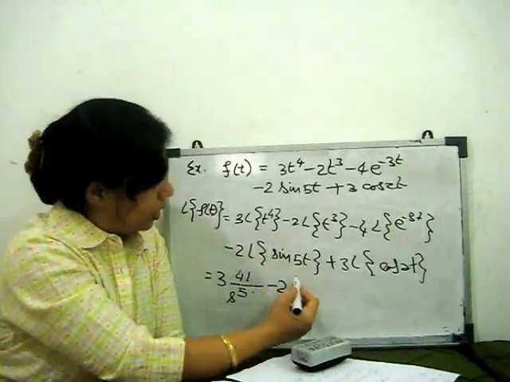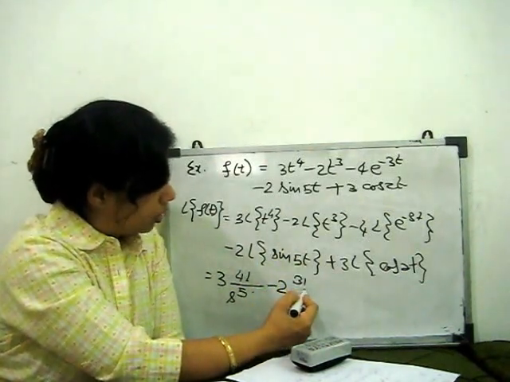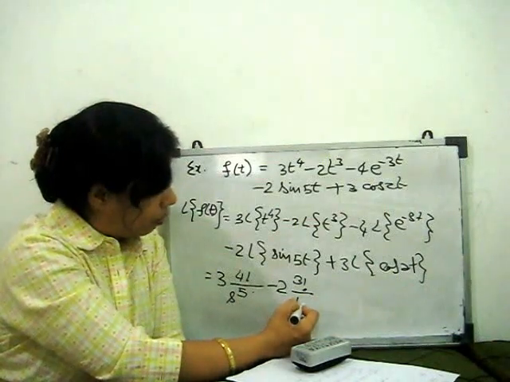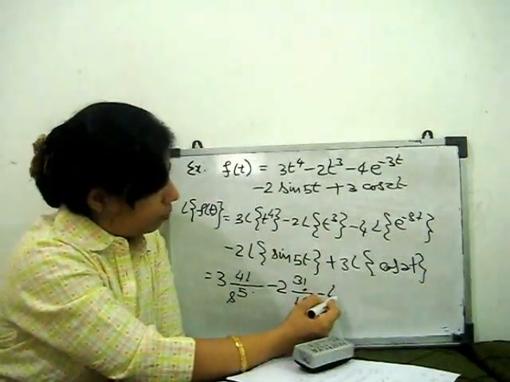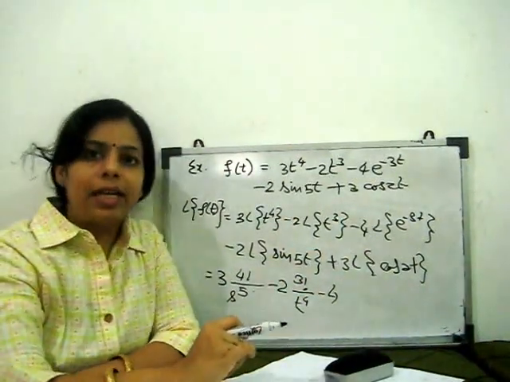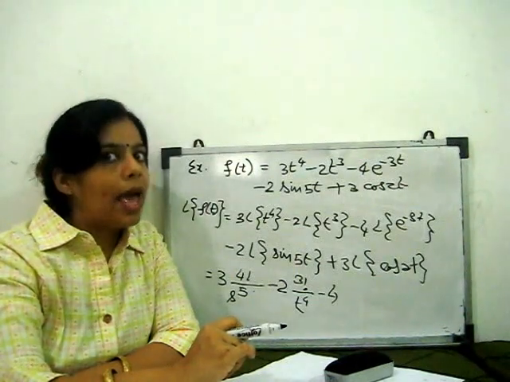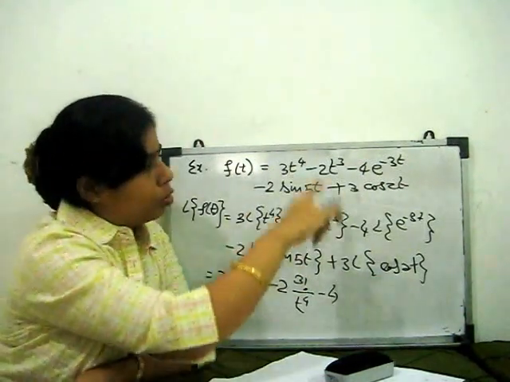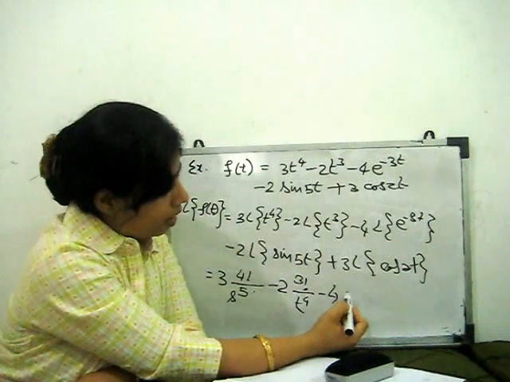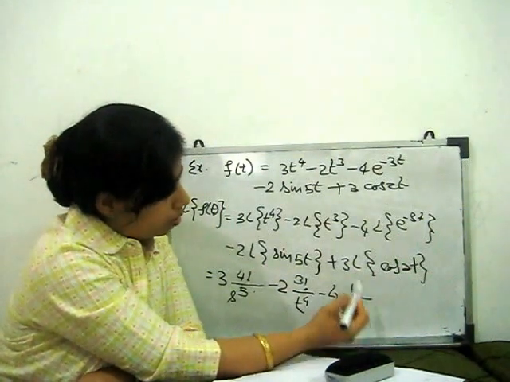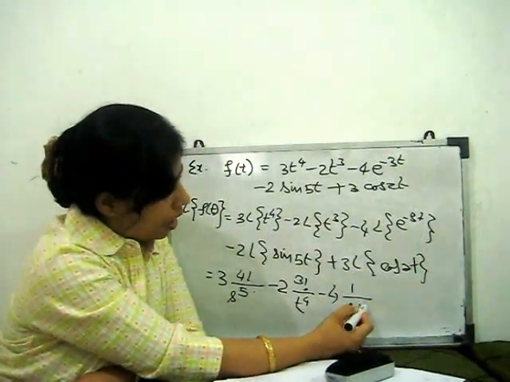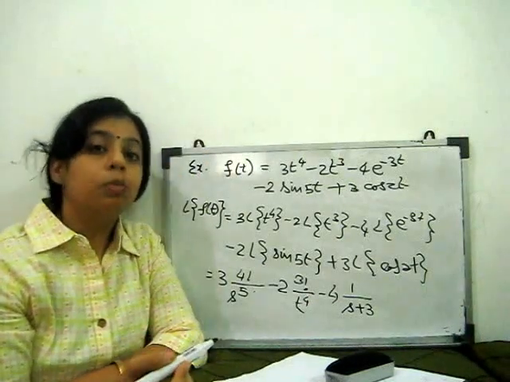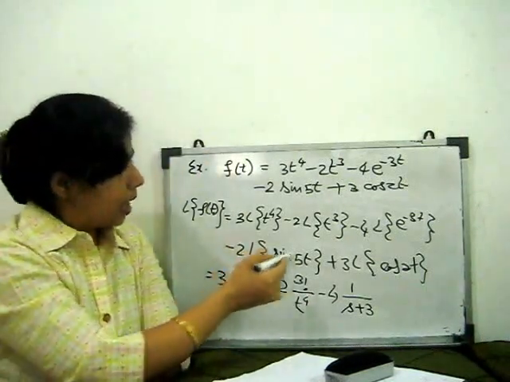Minus 2 t cube: factorial 3 upon s to the power 4. Minus 4 e to the power at is 1 upon s minus a, so e to the power minus 3t is 1 upon s minus of minus 3, which is s plus 3. Next sin 5t.